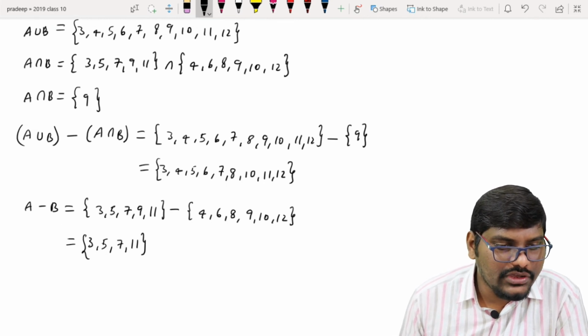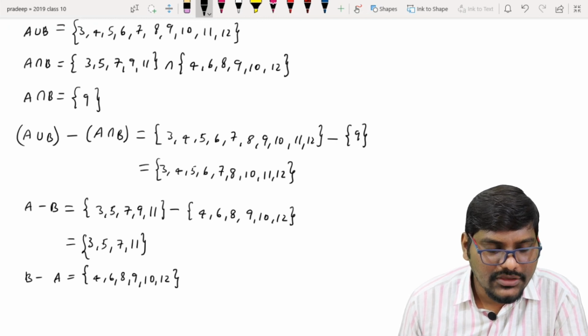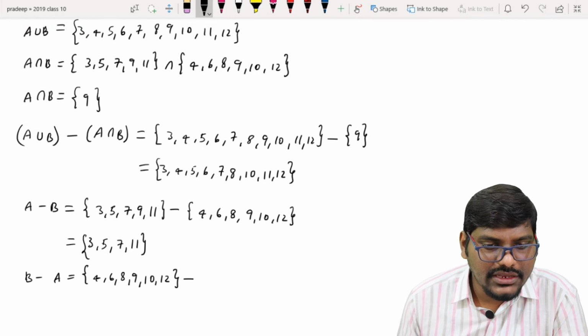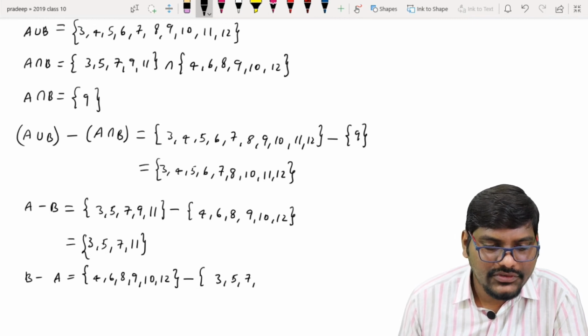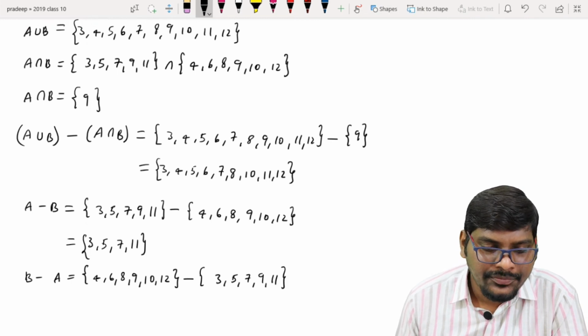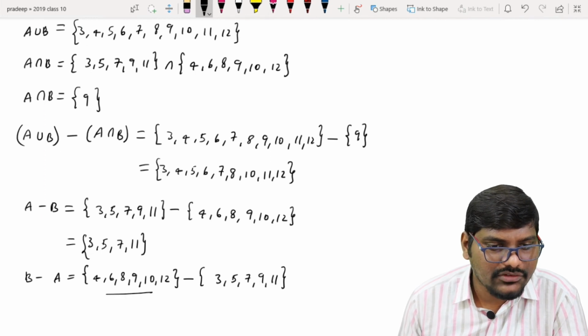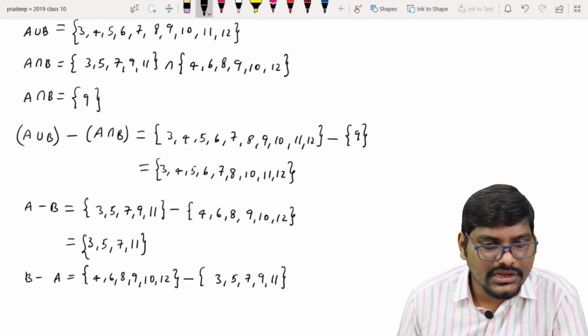So let's also do B minus A. In B minus A, what is B here? 4, 6, 8, 9, 10, 12. Okay, so this is B minus A, and what is A now? A is 3, 5, 7, 9, 11. Alright, this is A. Now we have to subtract these numbers from this set, so we'll write only the remaining terms.